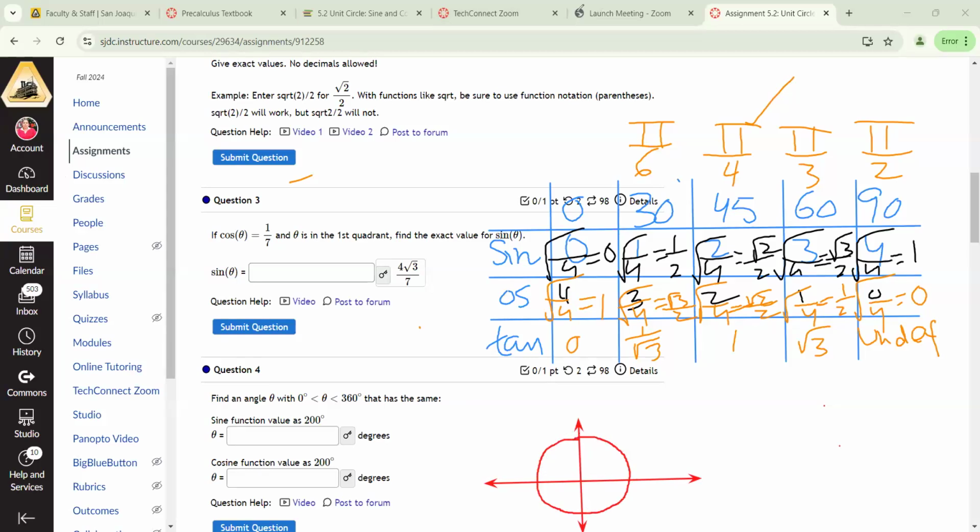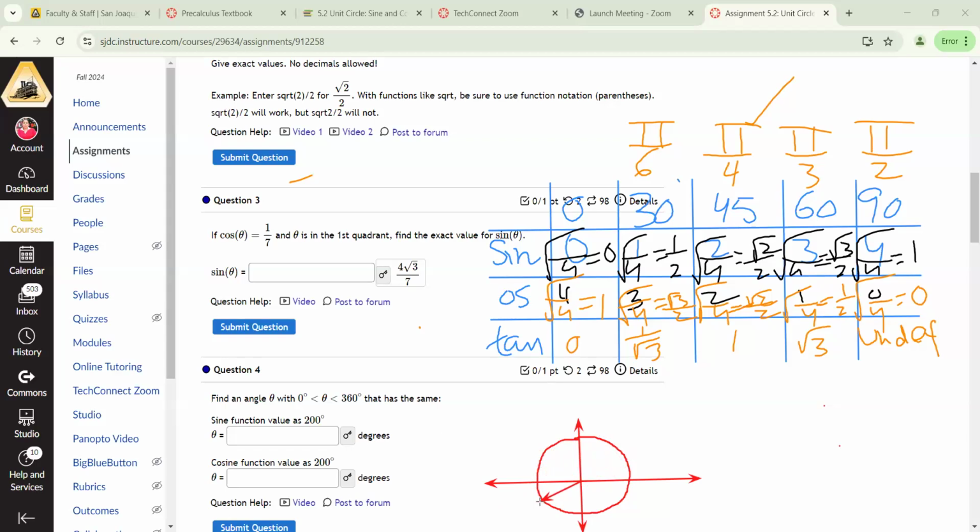So if we take this as the initial side, start drawing and go this way. Right here is 90, 180, and somewhere down here is 200 degrees. 200 degrees right here.